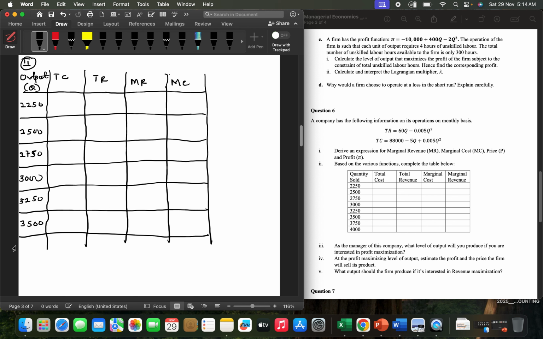The next one was 3750. The last one was 4000.